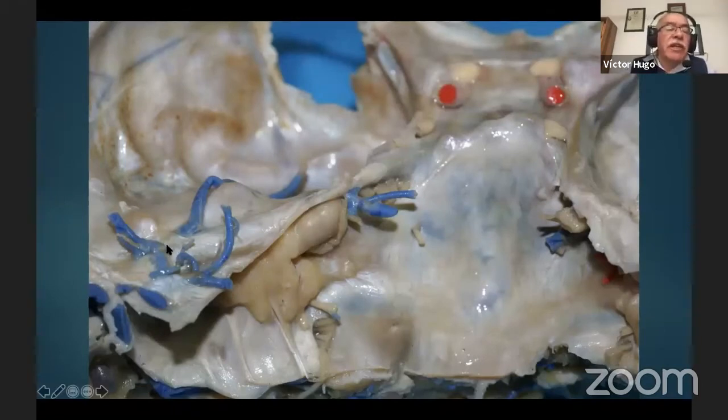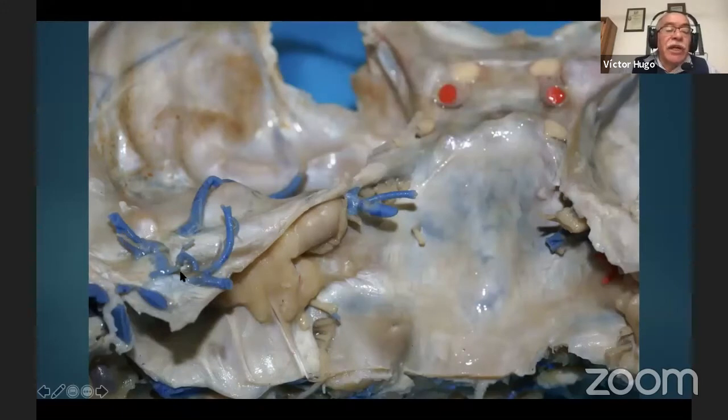middle fossa. You can see in this brain we do not have a good vein of Labbé. Instead, we have some venous affluents in the inferior part that are coming from the inferior part of the temporal lobe, like this.